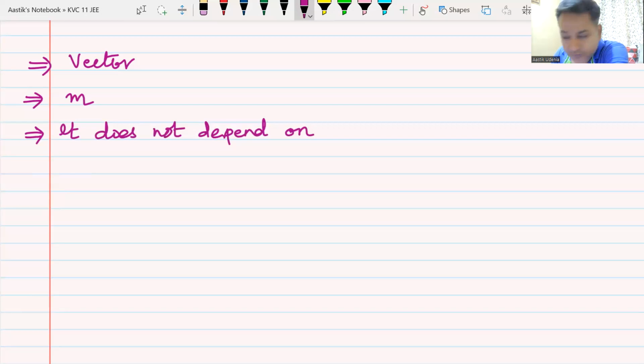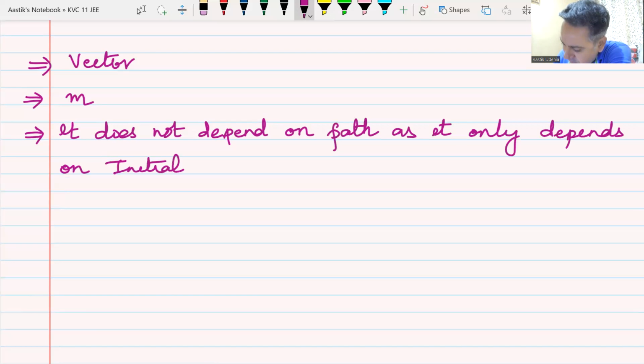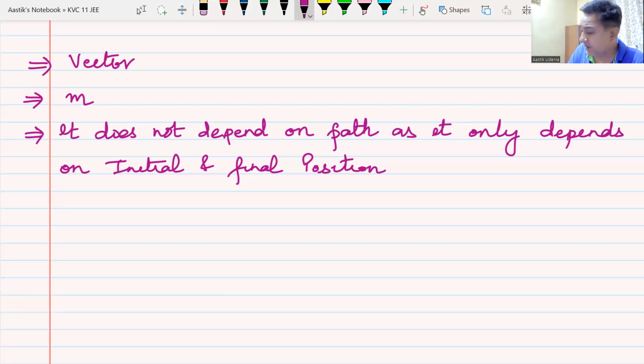It does not depend on path, as it only depends on initial and final position. Do we understand this? It does not depend on path because it only depends on initial and final position.